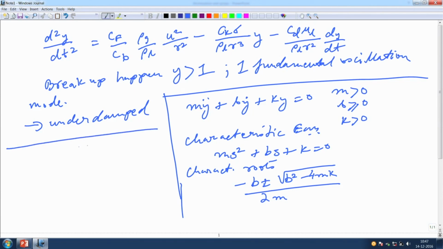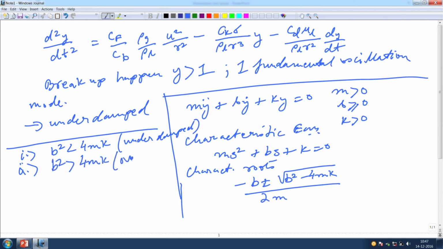Now, there are 3 possible cases. One is when b square is less than 4 m k, which is called underdamped, and that is what we are dealing with here. Remember your Weber number versus Ohnesorge number plot, we showed that most of the systems are usually underdamped. Two is when b square is greater than 4 m k, that is overdamped.